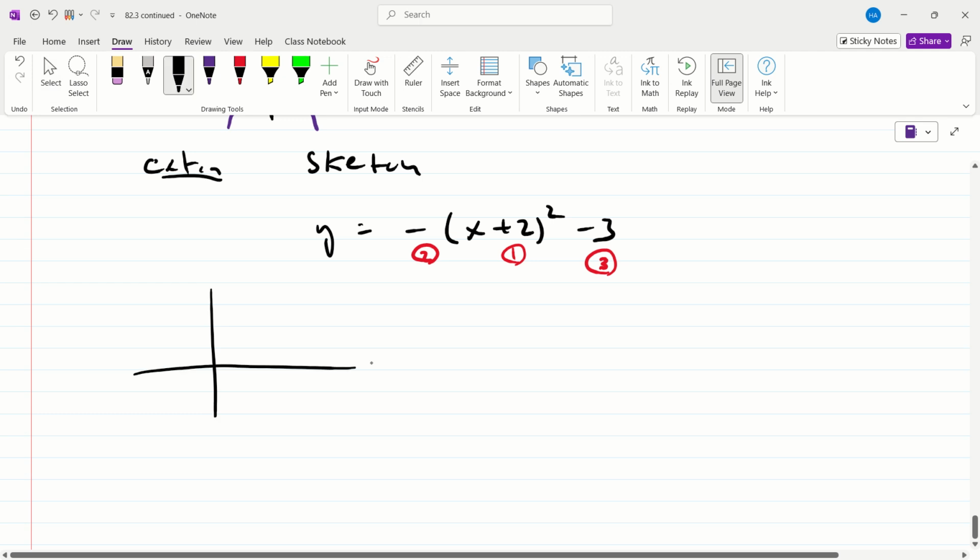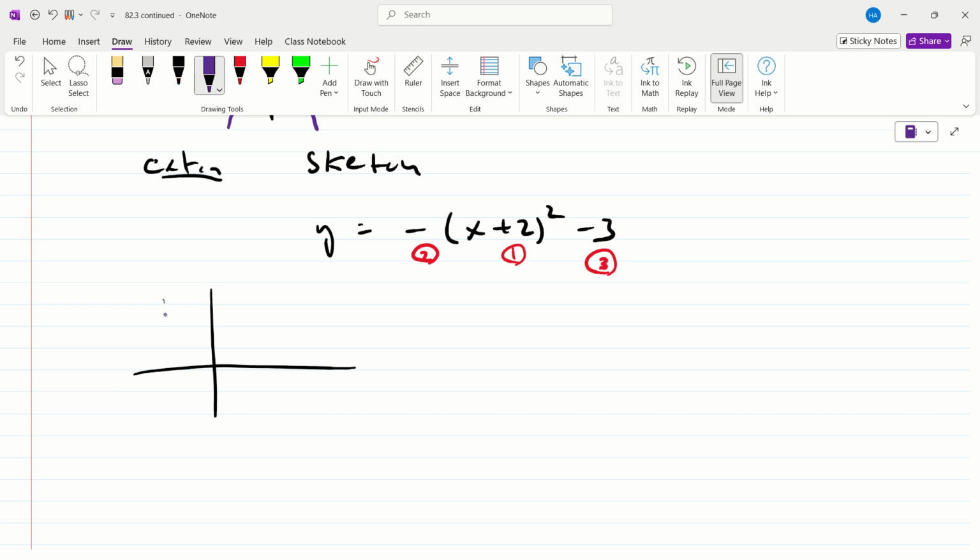All right, so I know the base model. Y equals x squared. That plus 2, x plus 2 squared, is going to shift it to the left 2 units. So it will look something like that. The negative 1 in the front is going to take my current graph and reflect it about the x-axis.